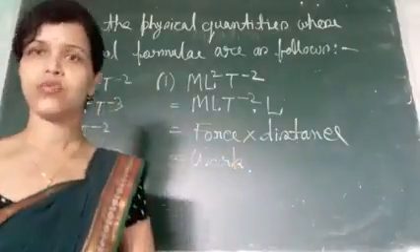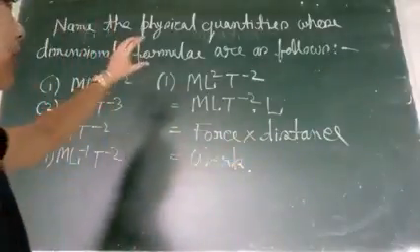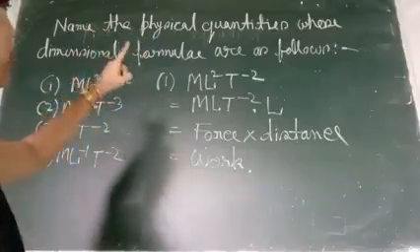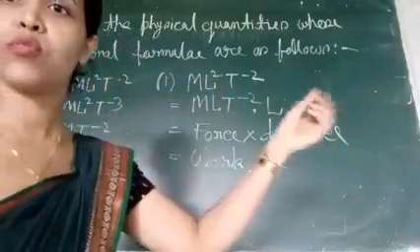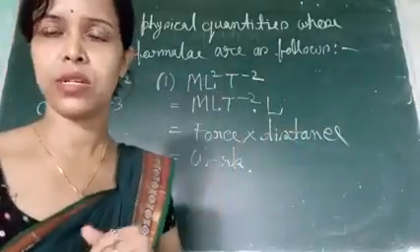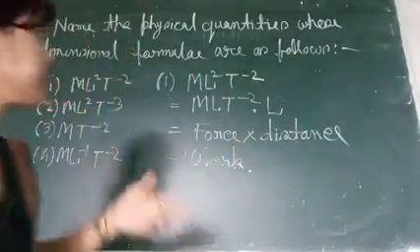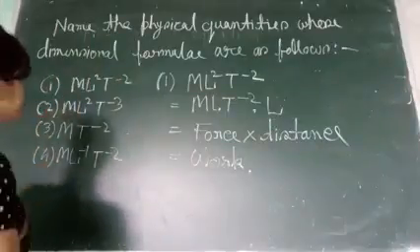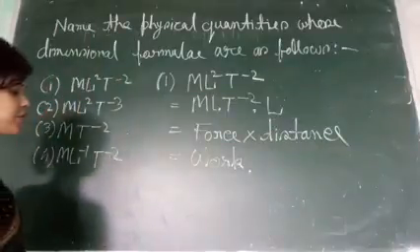So in this way, from a dimensional formula we can come to know the name of the physical quantity. This is number 1. Next, number 2. What is given here? M L square t to the power minus 3.